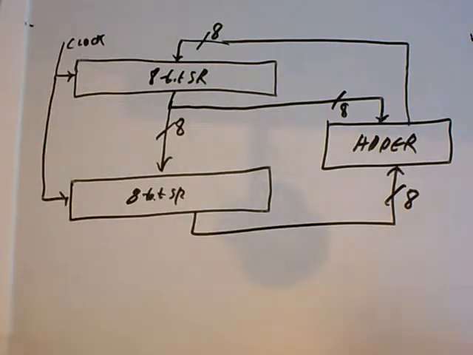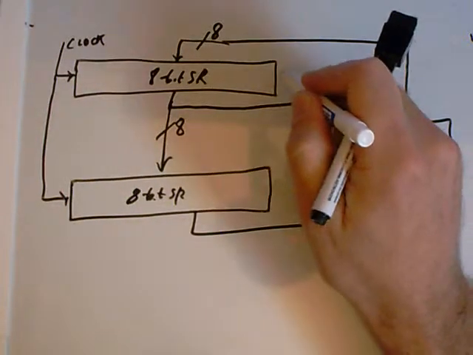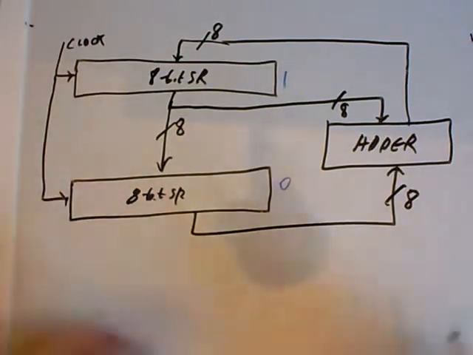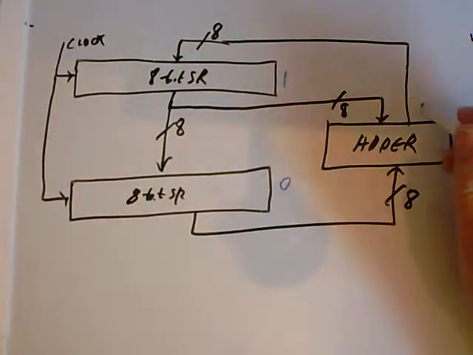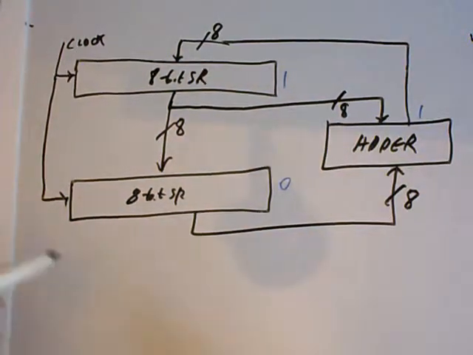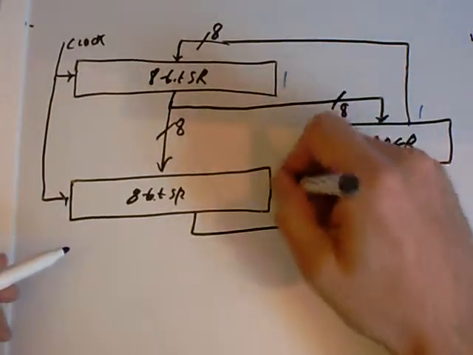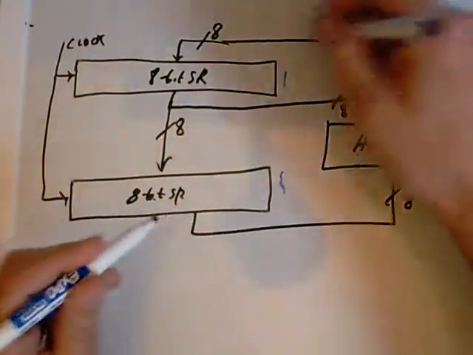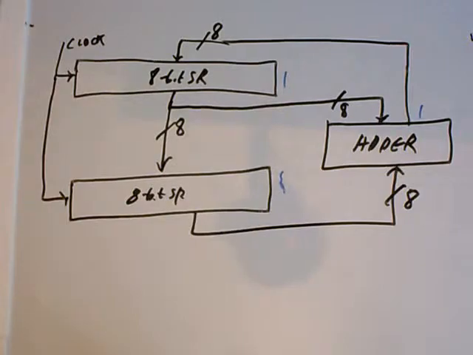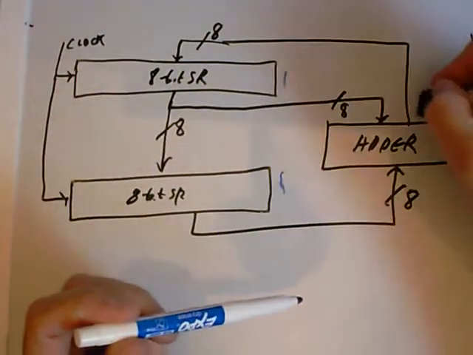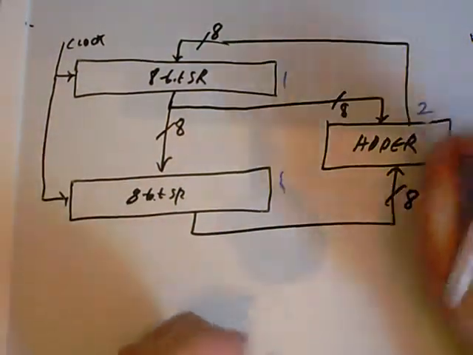So the way this is going to work is as follows. We're going to start off with a 1 and a 0, and that will produce a sum of 1 coming out of the adder. When we tick the clock, this 1 will get loaded down here. This 1 will get loaded into here, which will stay the same, and now the output of the adder will go to 2.